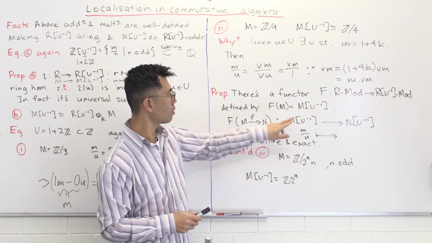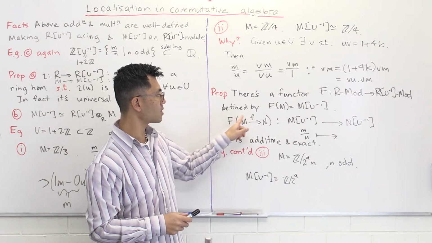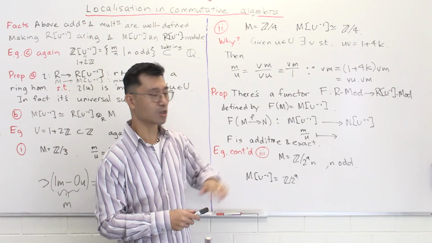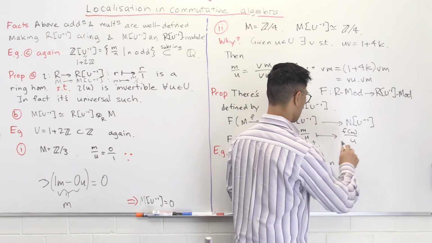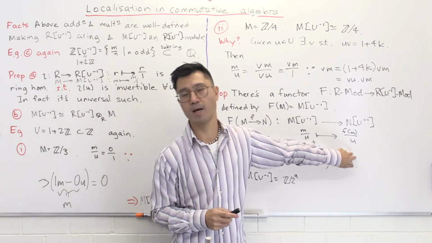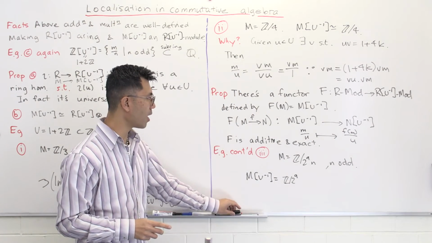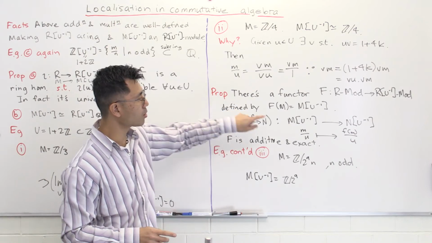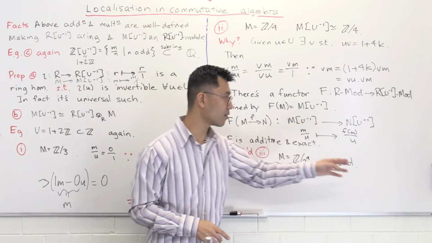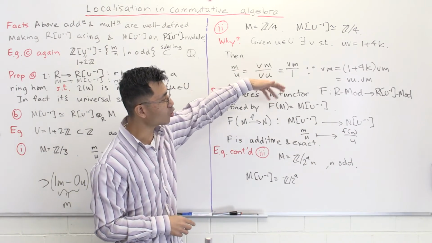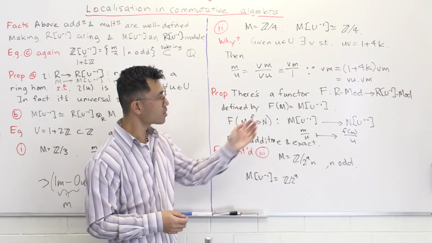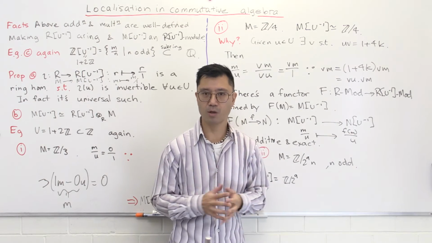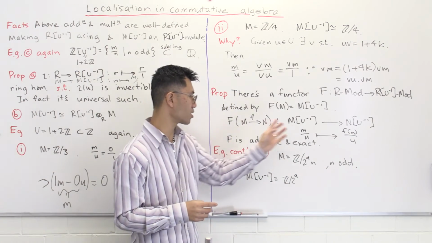You've got this map F, which sends elements like m over to n, so you can apply that to the numerator and divide by the same denominator. So basically, you just apply this homomorphism to the numerator. That will give you what this functor, the localization functor as it's called, does on homomorphisms. And this will be a homomorphism of R U inverse modules. That's quite easy to check as well.